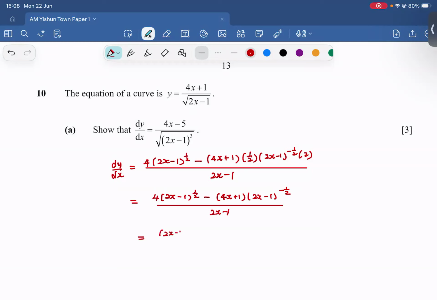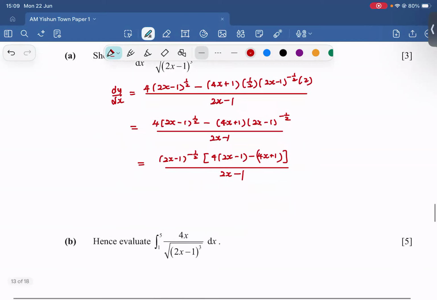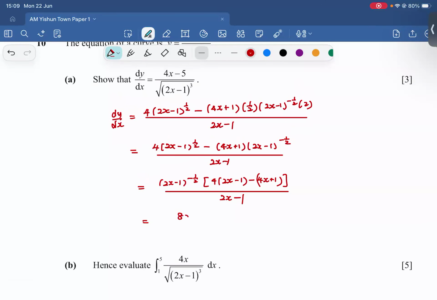Next, we factorize the smaller power from the top. Bring this down, we have 2x minus 1 to the power of 3 over 2. And this will give us 4x.